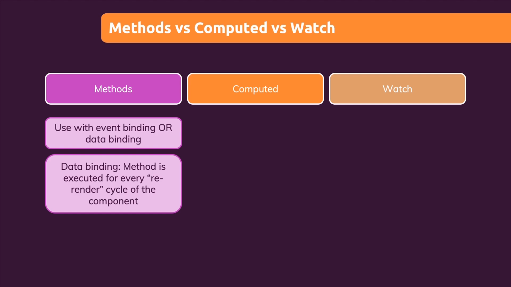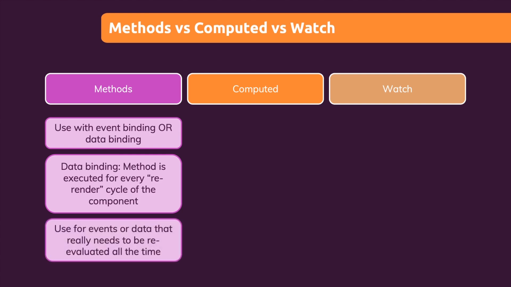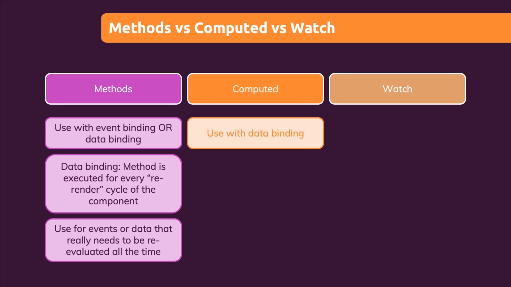And therefore, you should use methods primarily for event binding. There, it's a no-brainer, you always use them. Or for data binding, so with double curly braces, for example, if you really want them to re-execute whenever something changes on the page. Otherwise, use computed properties, because those can only be used with data binding. You don't use them with event binding.